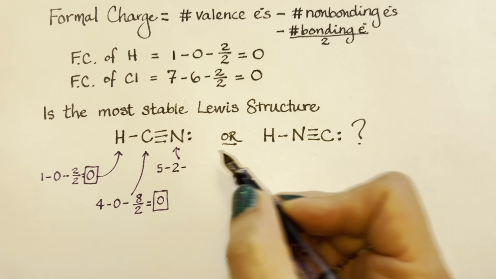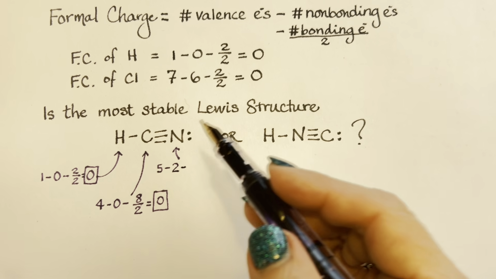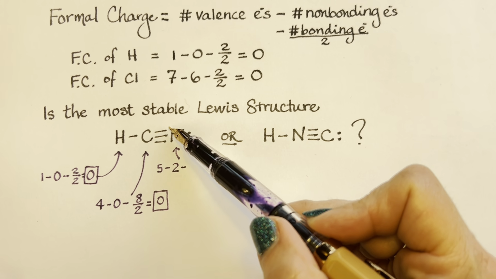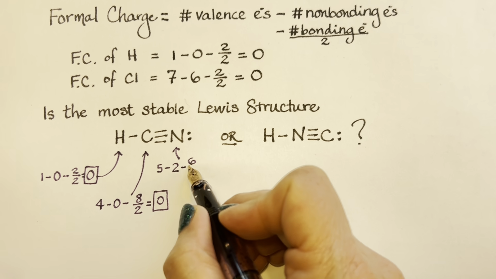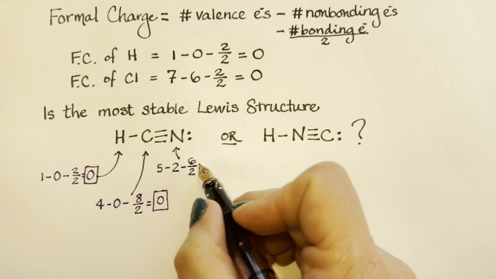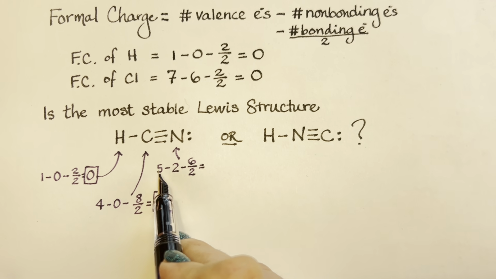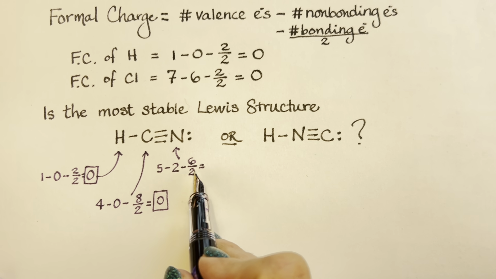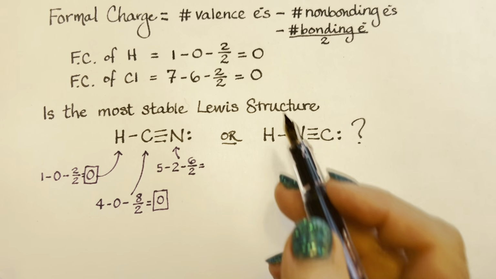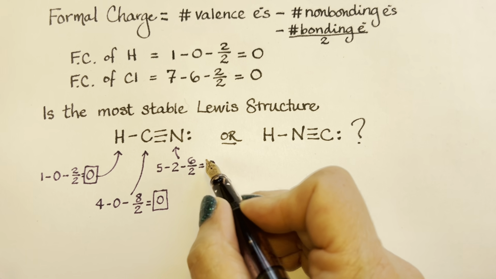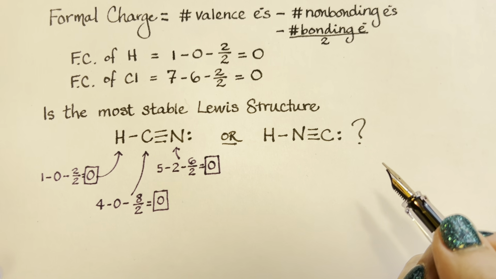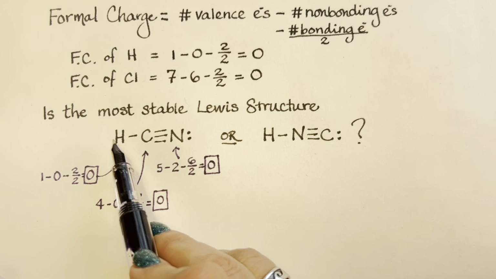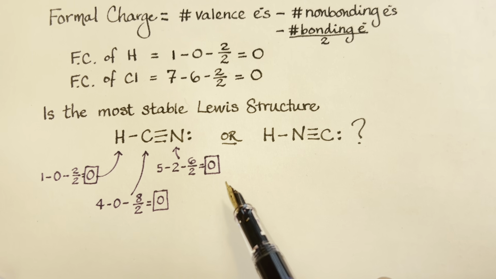And then we are going to subtract out the number of bonding electrons divided by 2. 2, 4, 6, and divide that by 2. So what does this end up being? We have 5 minus 2 minus 3. So that is 0. So in this molecule, every atom has a formal charge of 0.